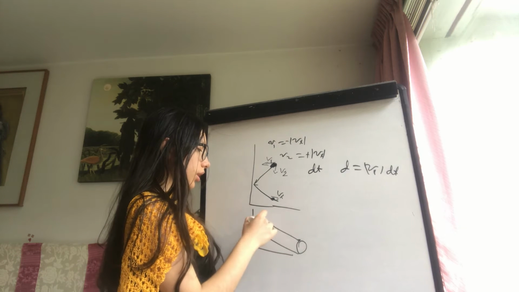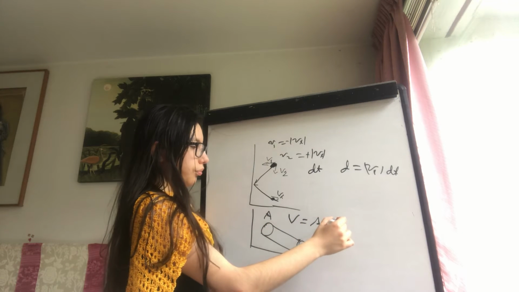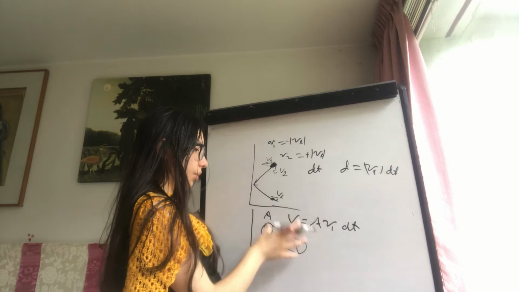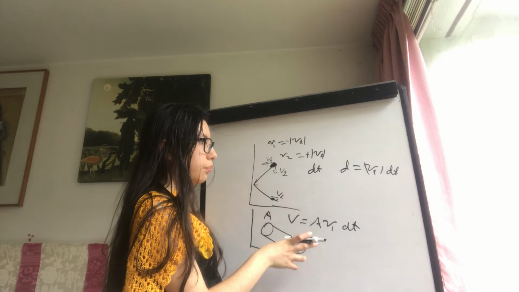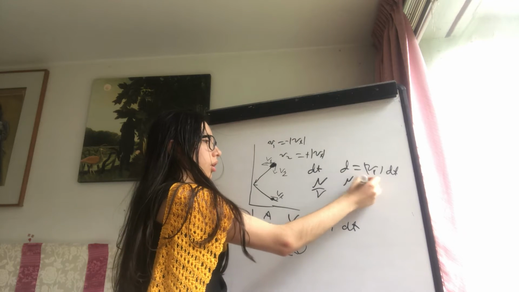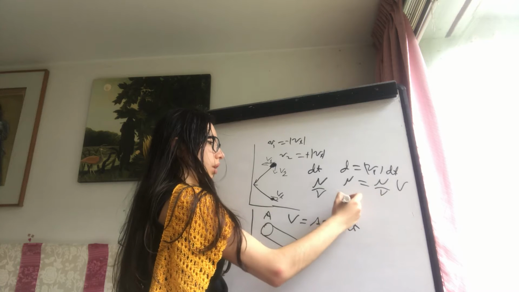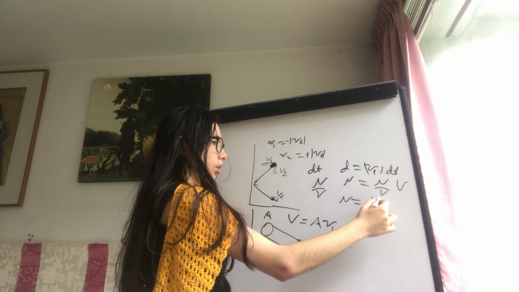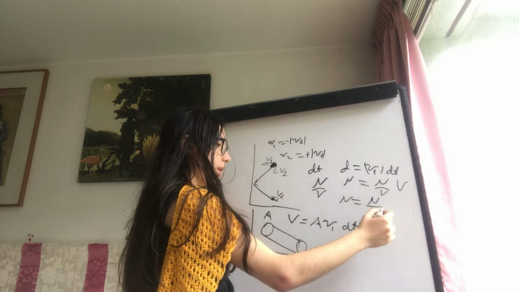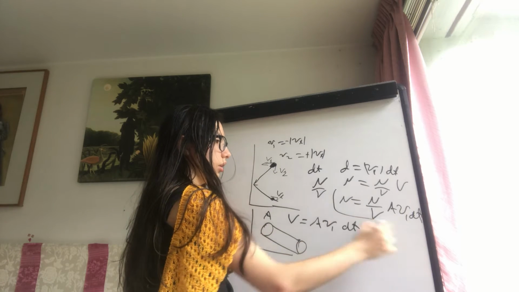The volume of the cylinder, if this is the base A, was A times v sub 1 dt. Here we have a fixed number of molecules per volume, so N over V. If we want to find N, we multiply N over V times V. So N is equal to N over V times V, V being A times the velocity times dt.